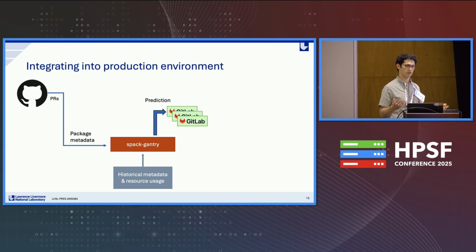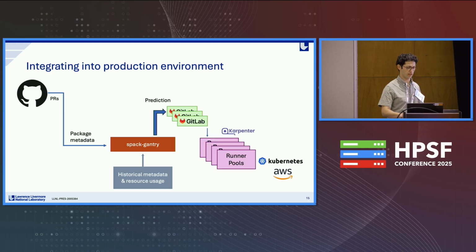But I don't think it's really reasonable for someone to have to go in and measure the expected resource usage of a job when the combinatorial nature of Spack makes it possible to have thousands and thousands of options that we can potentially build. And that would explode if we ever went to a system where everything got built. So that's just the background of why this is necessary and what we're doing about it.